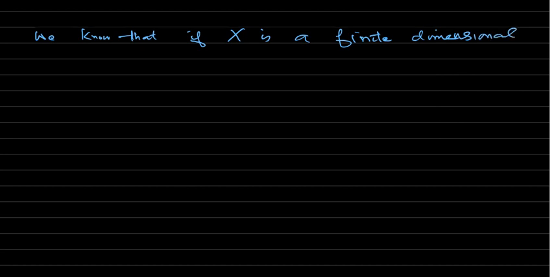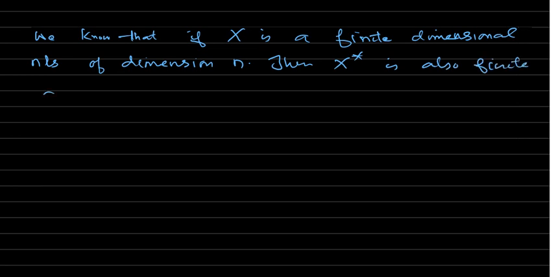Okay, next we know that if x is a finite dimensional normed linear space of dimension n, then x star is also finite dimensional of the same dimension.